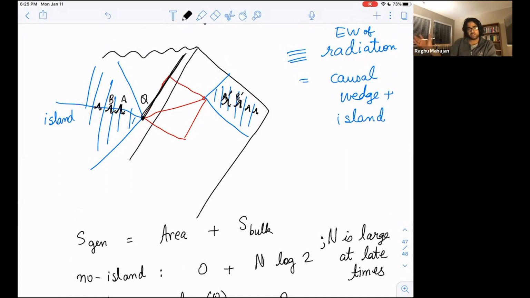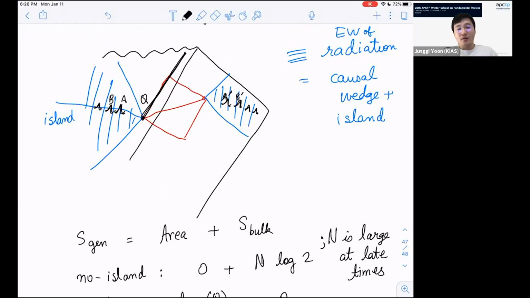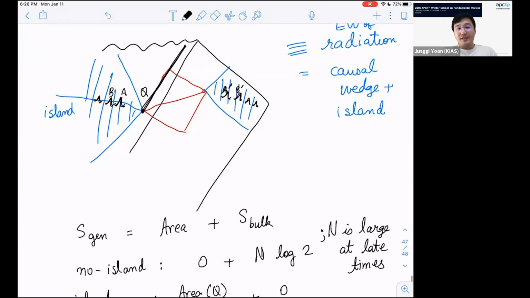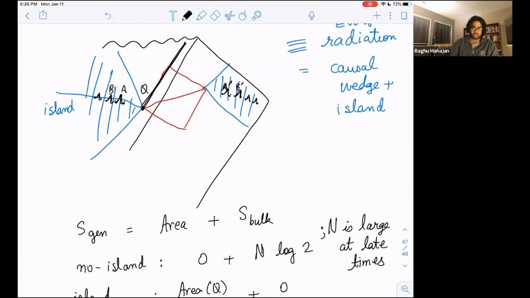If it falls into the singularity, that is okay, but if it makes it outside, it violates some quantum focusing conjectures. Maybe I can explain that next time because it will take some time. But there is no contradiction actually. Even if you have the thing outside, it's not actually a problem.